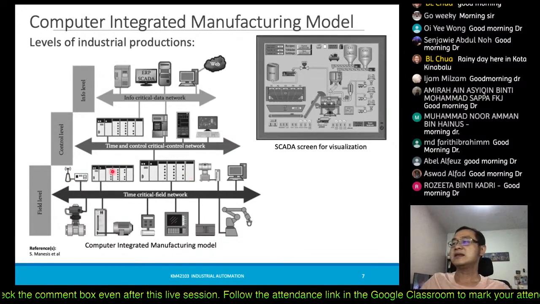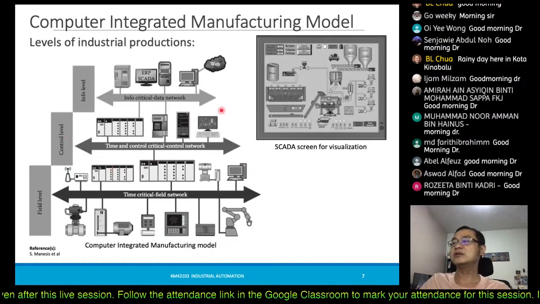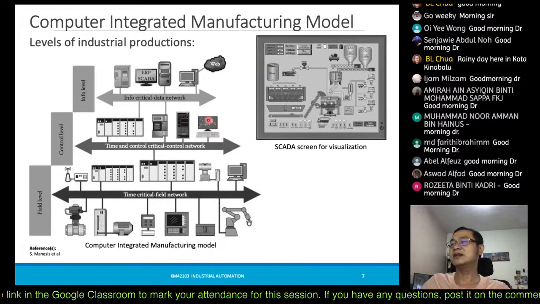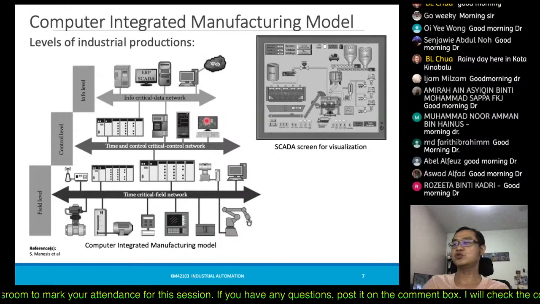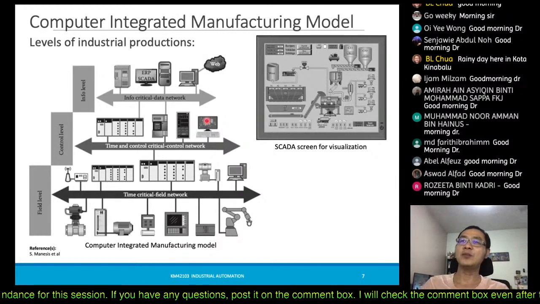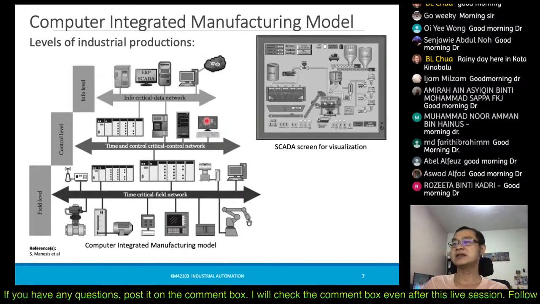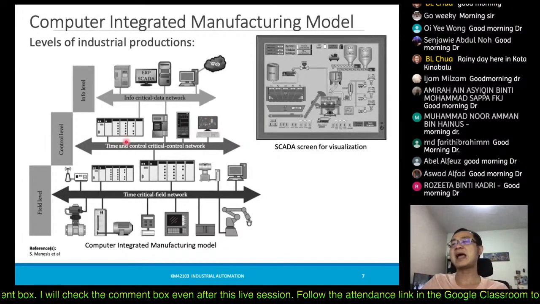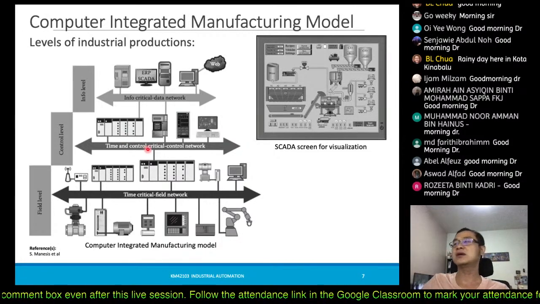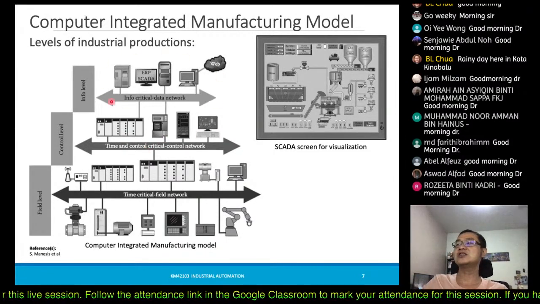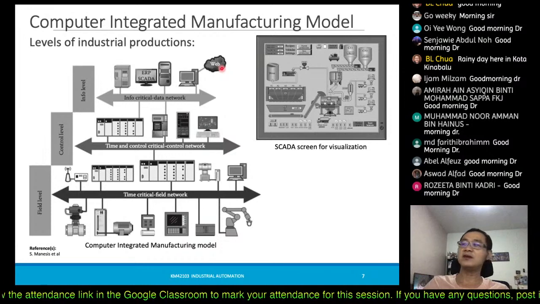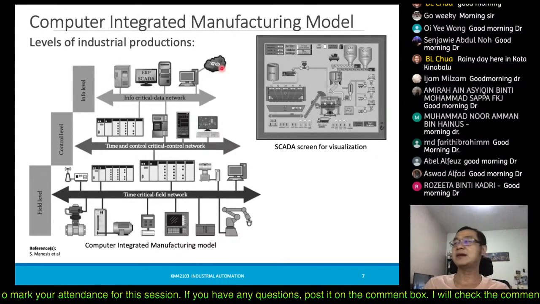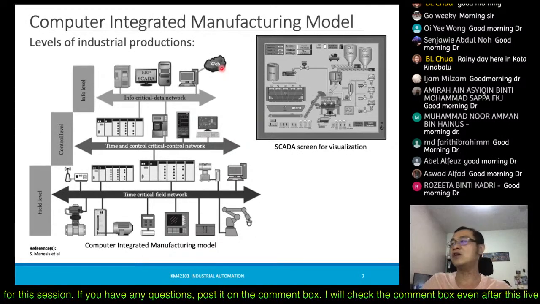controls. All right. Then next would be the control level, where you have computers. You start to have wider computers to see maybe one plant, or one station, or several stations, to see the overall picture. This would be a time and control critical network. In the later stage, the managerial level, you will mainly want to see information, how it is being collected, what is the temperature of all this information.